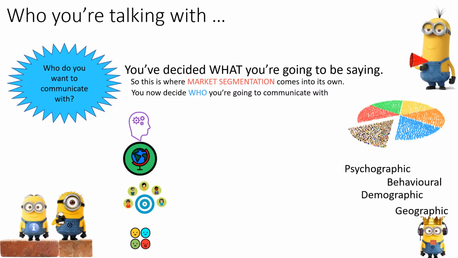This method divides the market into smaller categories based on factors such as age, gender, social class, ethnicity, and income. This method divides the market where customers share a reaction to a product based on how often they use it, how loyal they are to the product, and whether they share benefits or features of the product.